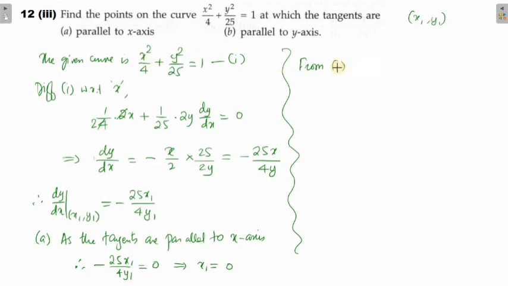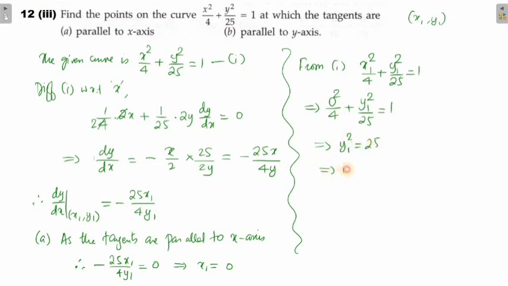So what you're going to do is write x1 squared by 4 plus y1 squared by 25 equals 1. Why am I writing this? Because x1, y1 exactly lies on the curve. So x1 is 0, so 0 squared by 4 plus y1 squared by 25 equals 1. From here y1 squared turns out to be 25, so y1 is plus or minus 5.